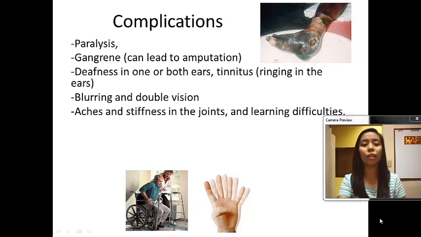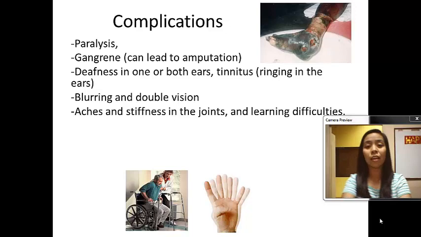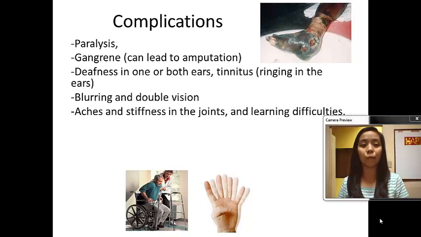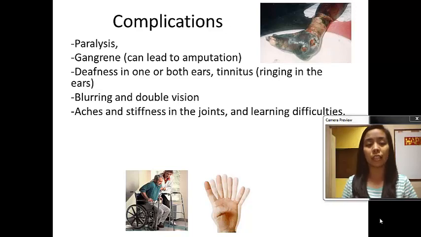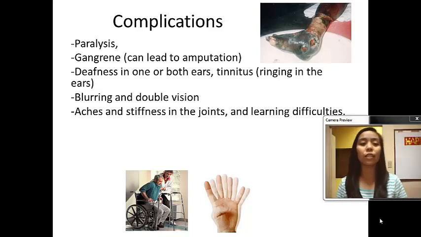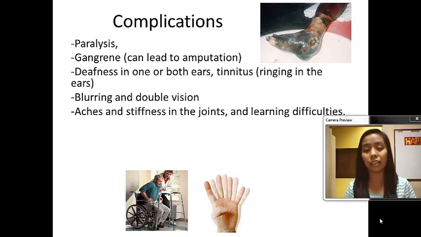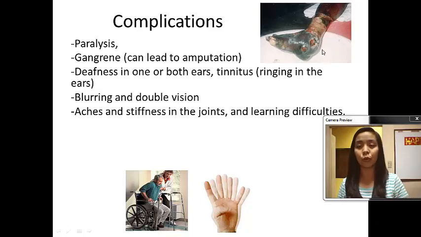Other complications are brain damage and gangrene. If bacteria enter the blood, they can produce toxins or poison that can kill healthy tissues. When bacteria kill healthy tissues, it can lead to gangrene, as you can see in this picture.